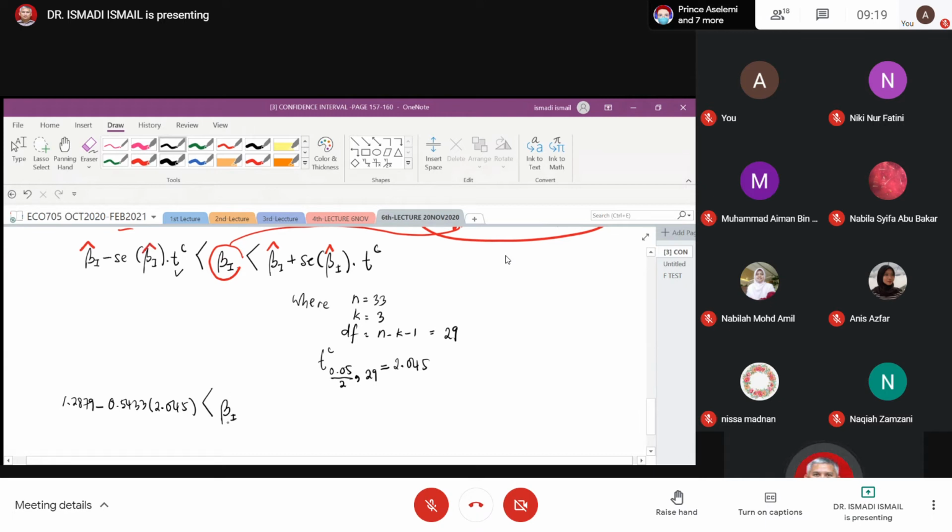There is no hat because we are finding the confidence interval for the true coefficient, less than 1.2879 plus 0.5433 times 2.045.